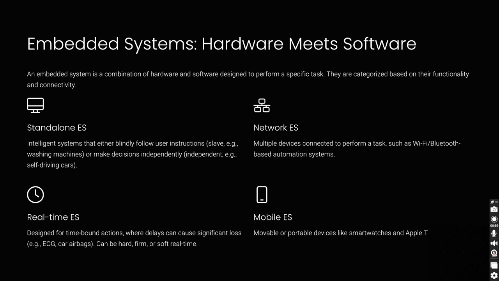An embedded system is a combination of hardware and software designed to perform a dedicated function. A simulation represents a standalone system that doesn't depend on any external computing system. It also behaves like a real-time system where timing is crucial, especially in operations like water level selection, washing cycles, and pausing and resuming the process.